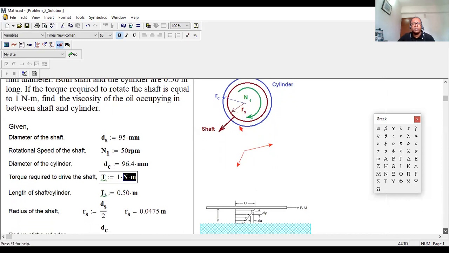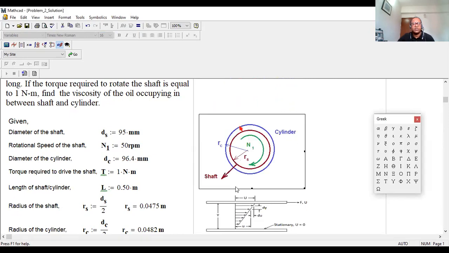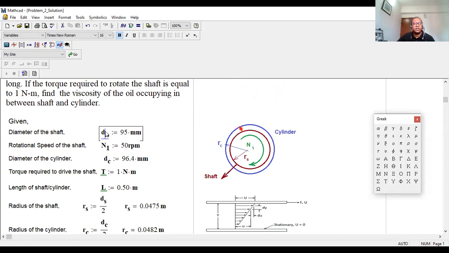Now you can figure out the radius of both the shaft and the tube. Then you can figure out the y. So radius of the shaft RS equal to DS by 2. I get the number over here.